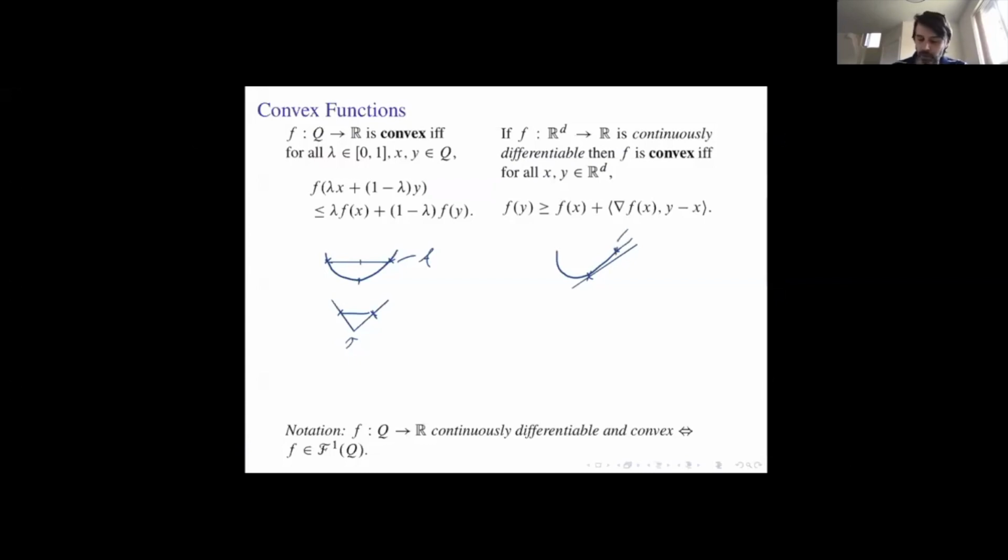Then this point must be above the corresponding point that I get by moving in the direction of the gradient with y minus x. So that is the second condition. So essentially the linear approximation of the curve at x stays always below the graph of the function. So these are two very common conditions for convex functions.